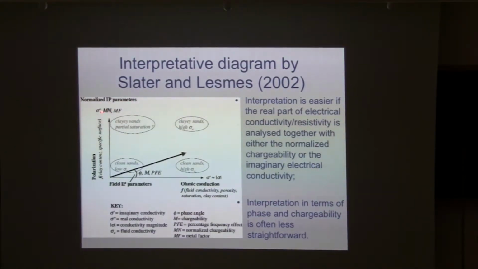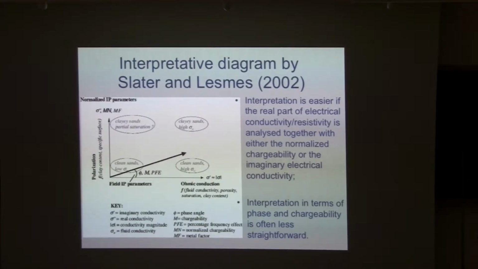So you look on either what we call the imaginary conductivity or the chargeability divided by the resistivity. If we do this, the IP parameters become very indicative of specific surface area, whereas the chargeability in itself is related also to other contributions, like for example the salinity.